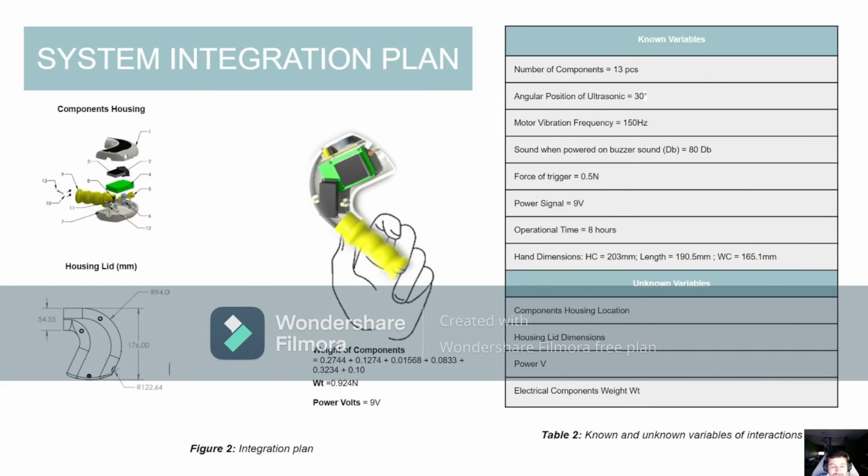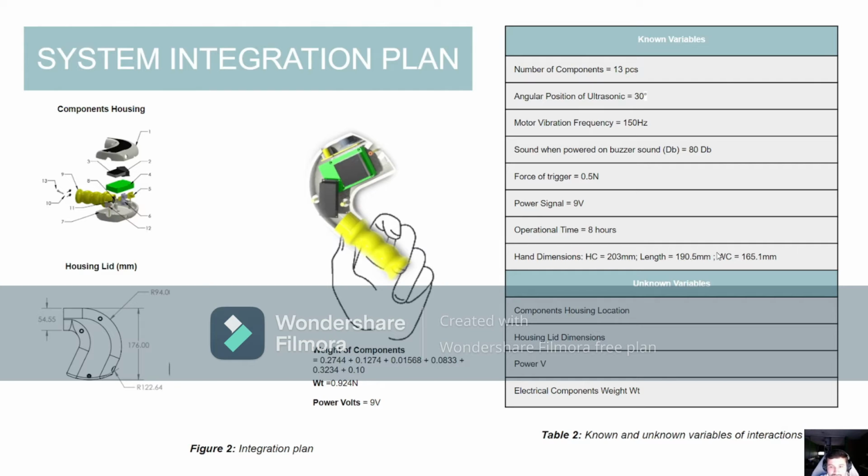For the second integration plan, you can observe in figure 2 all the interaction of the handle and the housing with the components of the control system integrated with the structural design. We determined the known variables: the quantity of components, the angular position of the ultrasonic sensor, the motor vibrator frequency, the sound power of the buzzer, the force of the trigger, the power signal, the operation time, and hand dimensions.